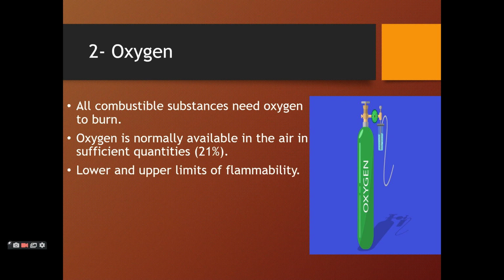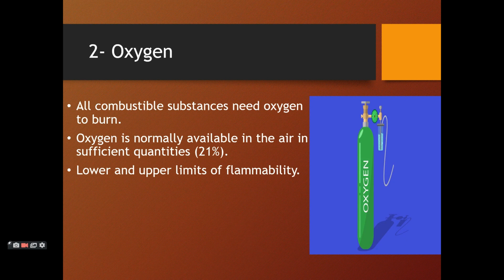Lower and upper limits of flammability. Some materials may be highly flammable, for example diesel and petrol. Some materials may be less flammable and need more time to burn, like hard wood.